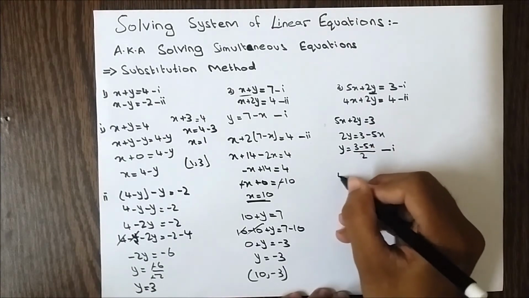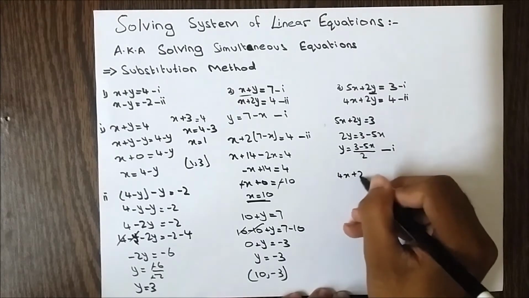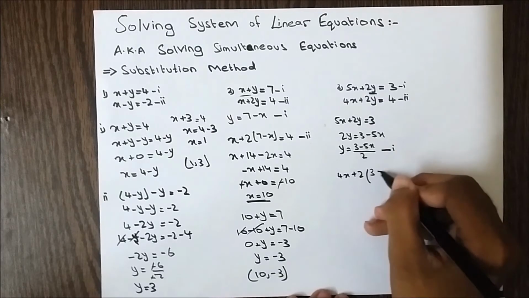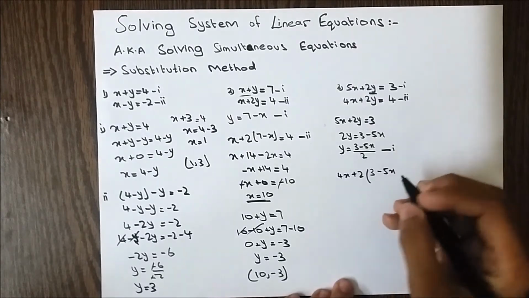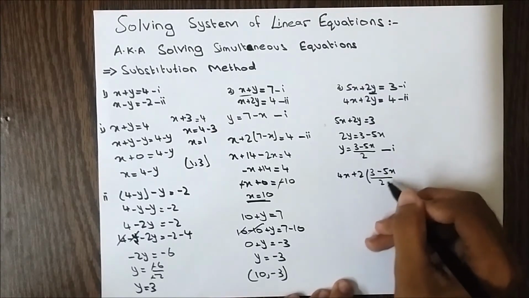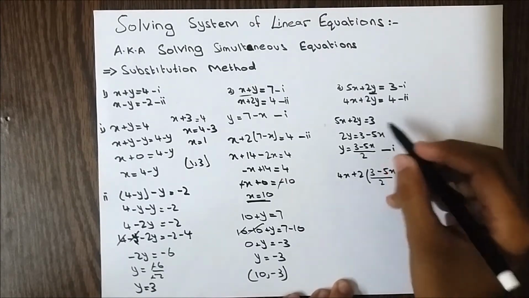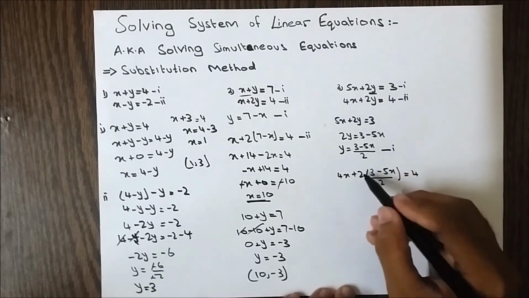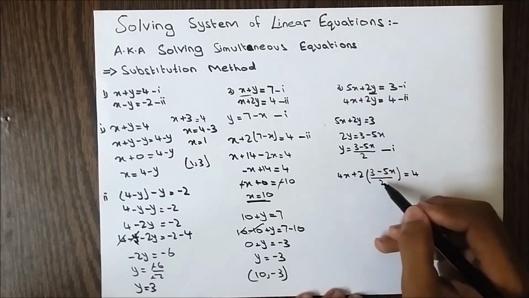So 4x plus 2 times this whole y, 3 minus 5x divided by 2, equals 4. Okay, so here we can see that 2 is being divided by 2.